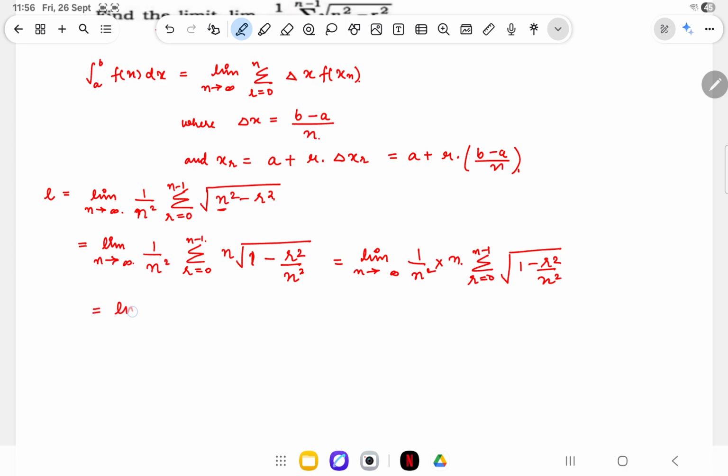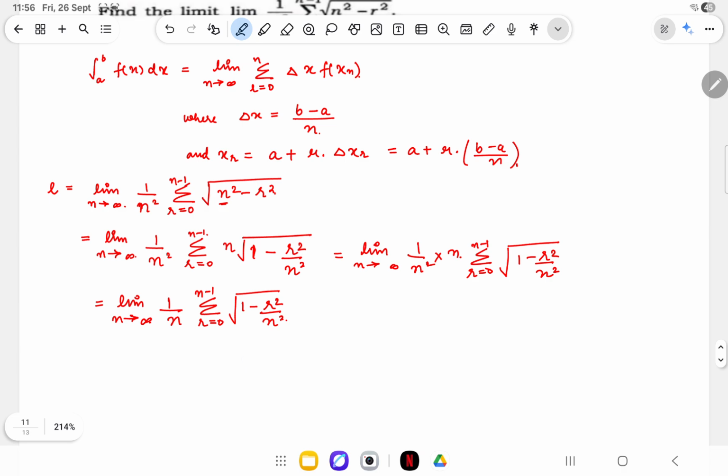This is basically equal to limit n approaches infinity, 1 by n, summation r equals 0 to n minus 1, under root 1 minus r square by n square.